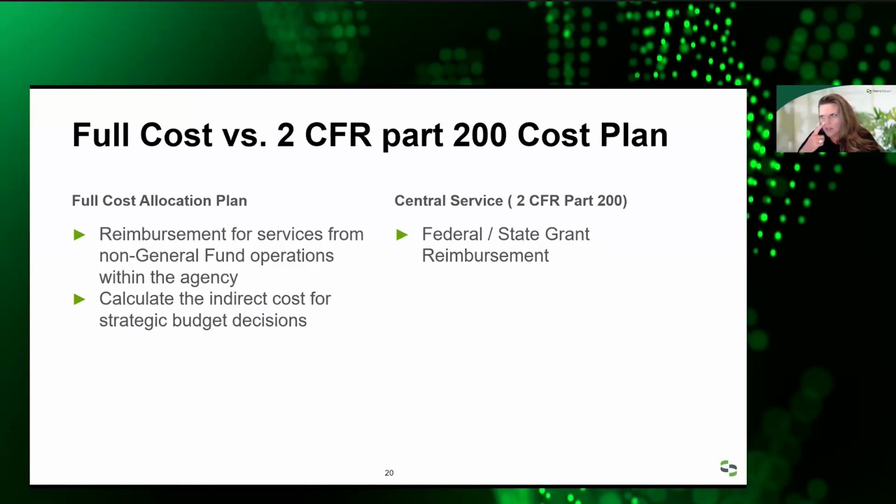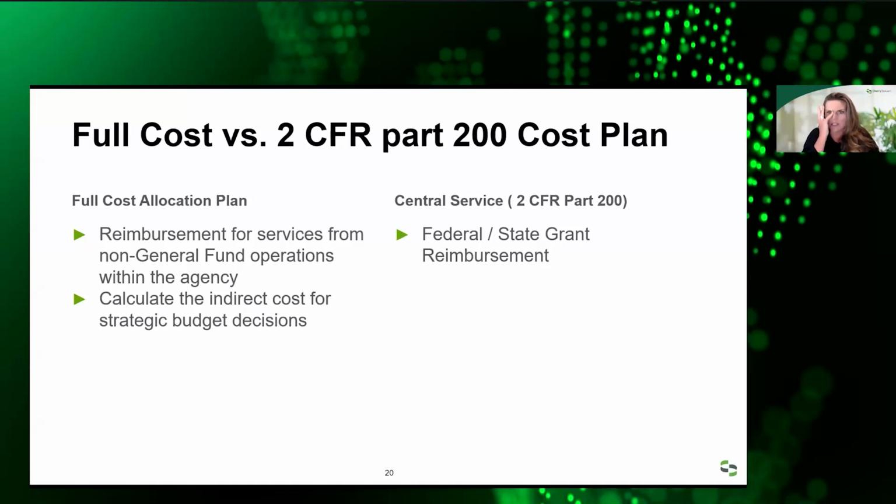The 2 CFR Part 200 just means that it's following the uniform guidance for the accepted indirect cost process, and that's what you use for federal and state grants. This is how you go through it and you get a NICRA. That NICRA means you're in compliance with the guidelines, you've excluded costs that are necessary to exclude, and you've calculated correctly.